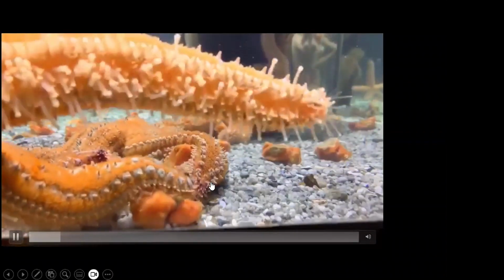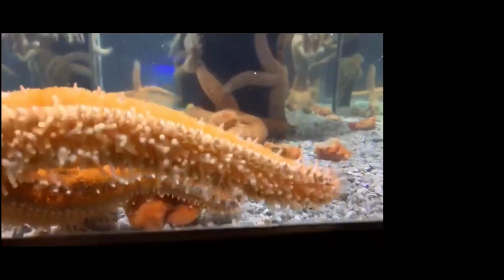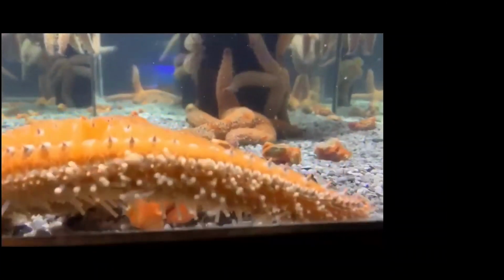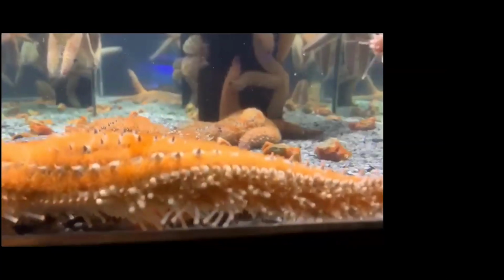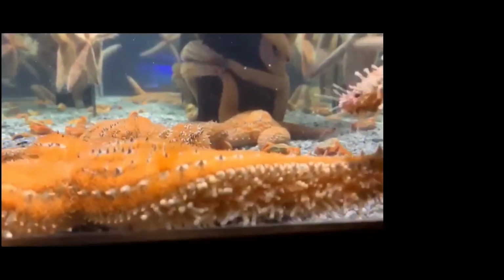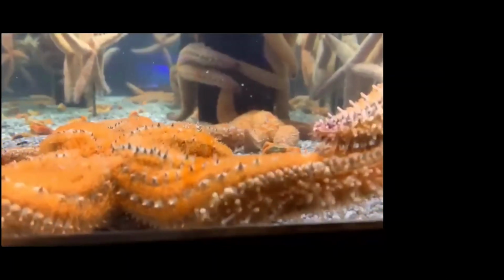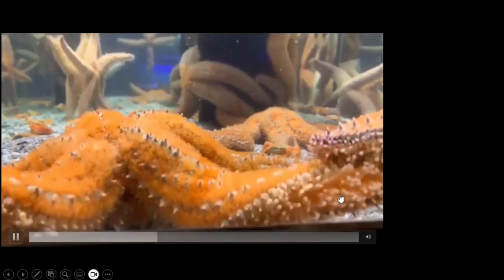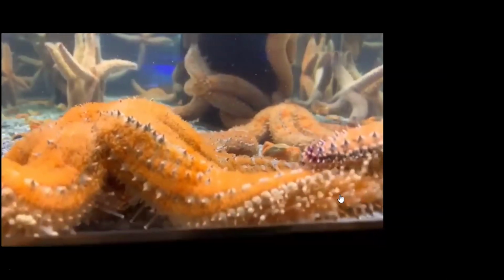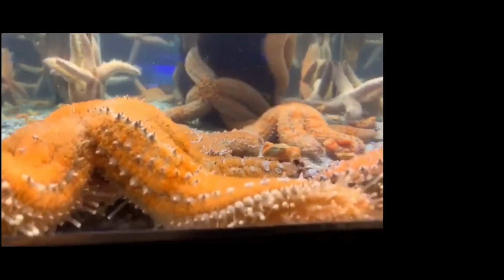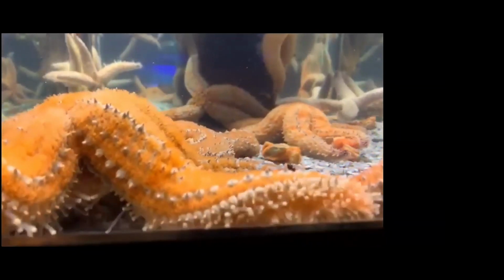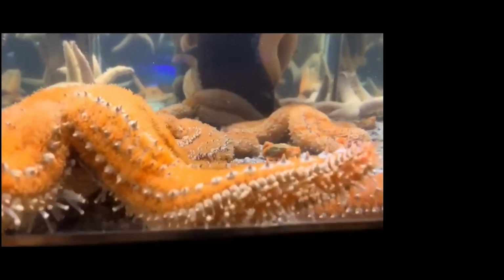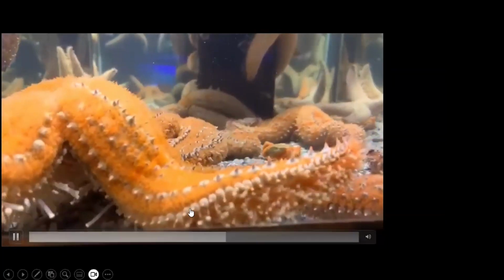On the tip of the arms, there's specialized tube feet that help it to sense the environment, to pick up chemicals in the water, and sort of to taste the environment. And that helps it move around. Underneath, there are the tube feet that they use to hold on tightly with and to move around with. Now, remembering that these animals are found in areas where there's lots of wave action, they need to be able to hold on very firmly.